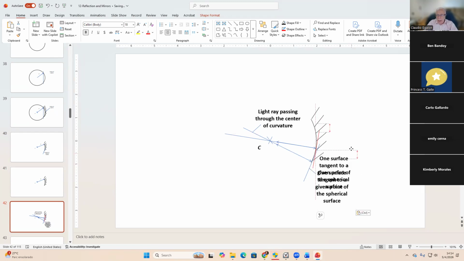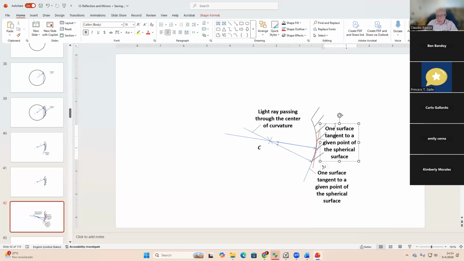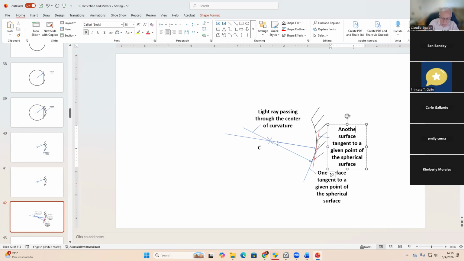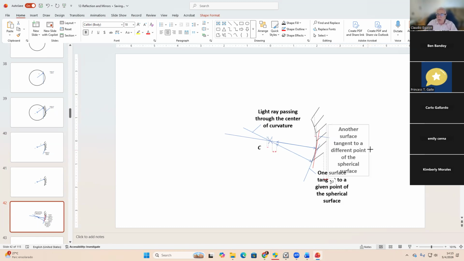And then here, another surface, I'm going to put it in red color, another surface tangent to a different point of the spherical surface.